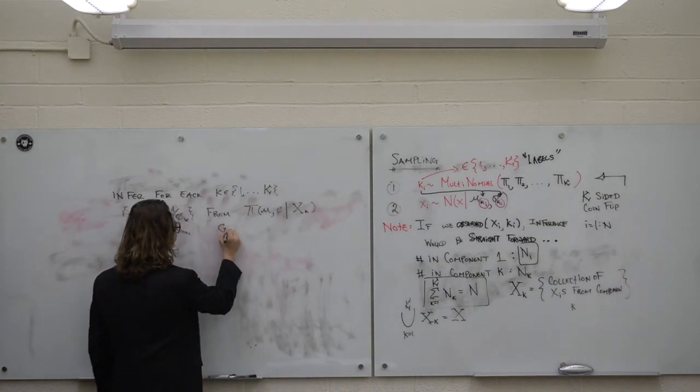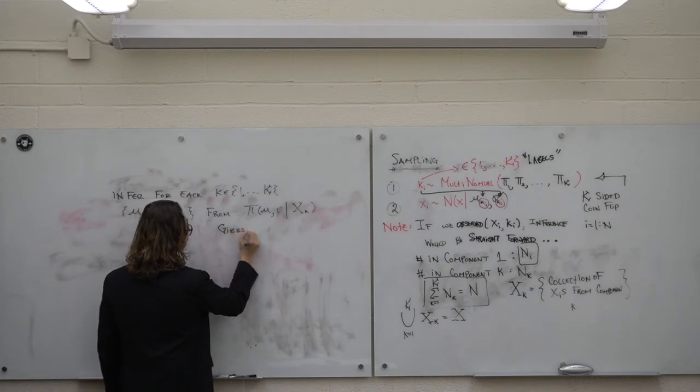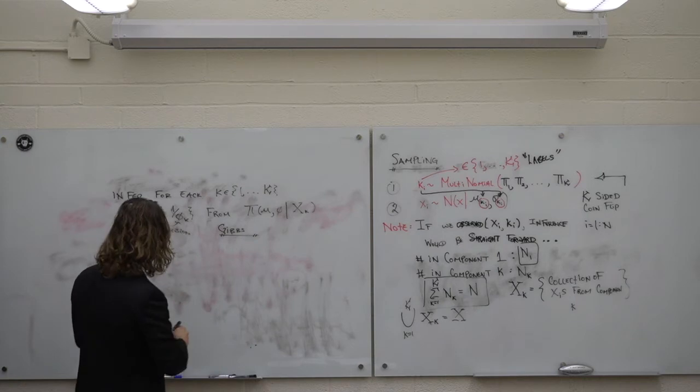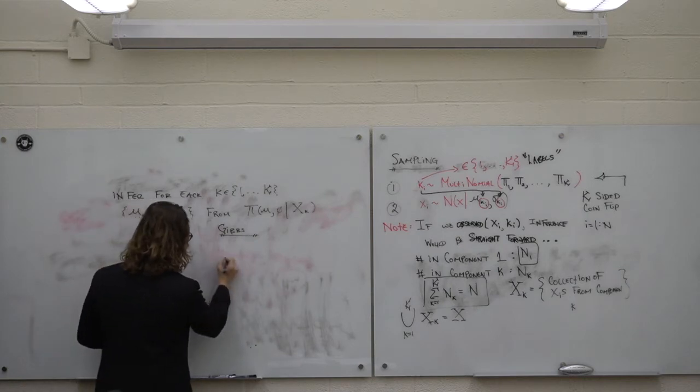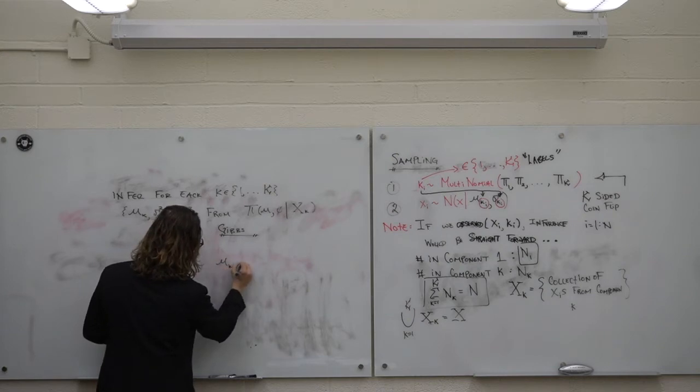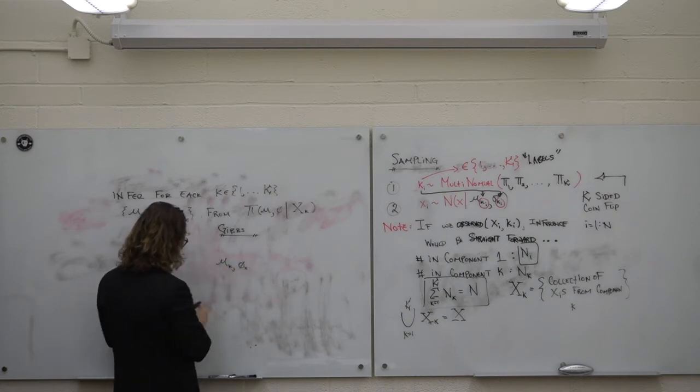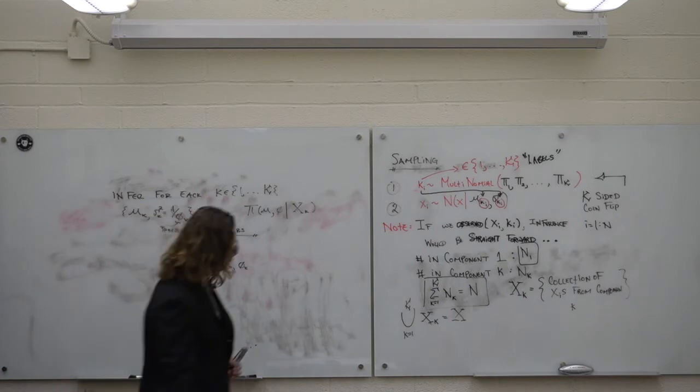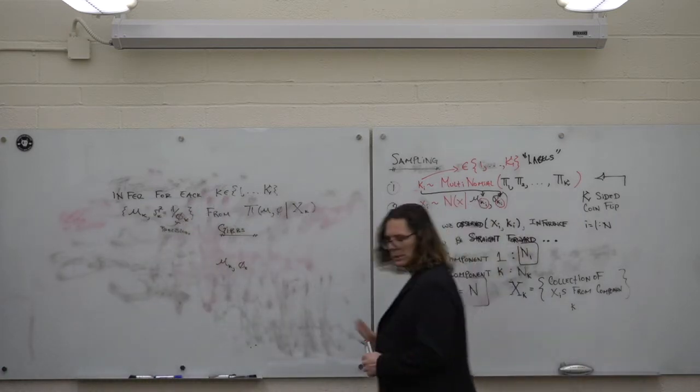So my Gibbs algorithm might look like this. For component 1, or I'll say component k, so mu k, phi k. Let's just do this sequentially.